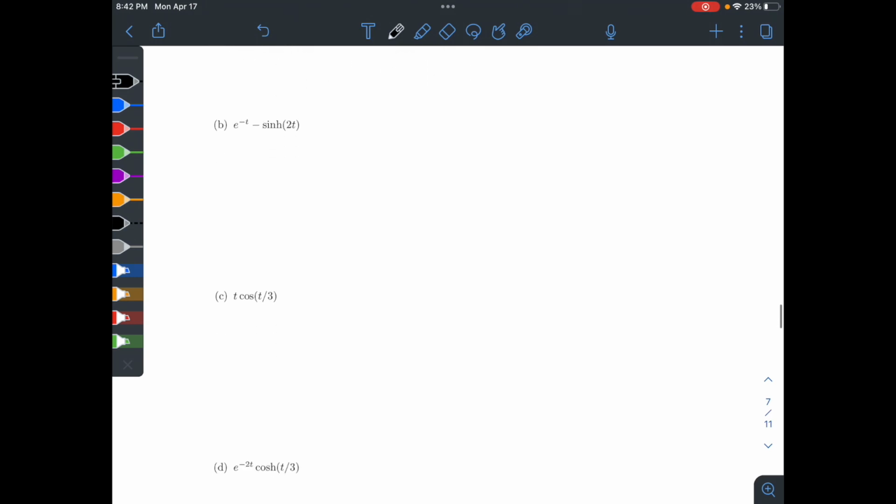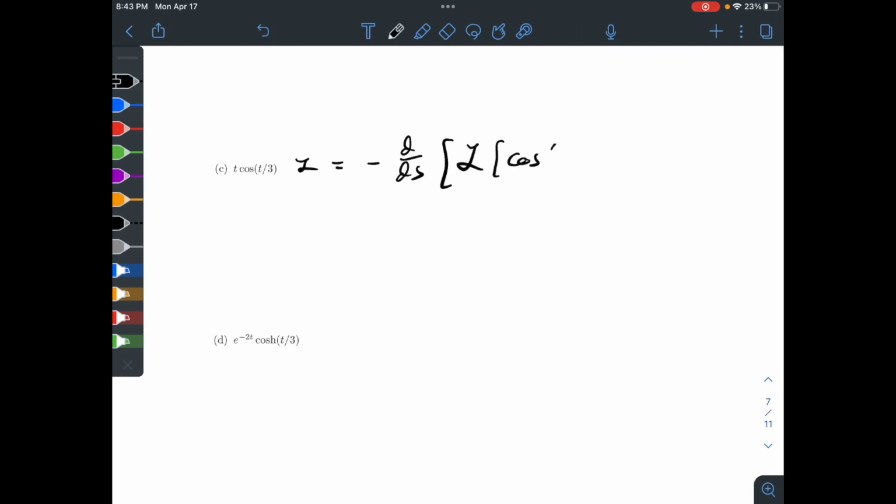This one I think is worth doing. T cosine of t divided by 3. So the Laplace transform of this is going to equal, because we have this t right here, negative the derivative of whatever the Laplace of cosine of t over 3 is equal to.